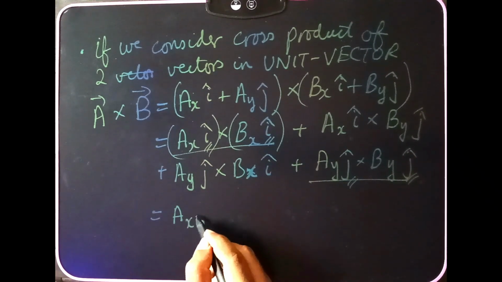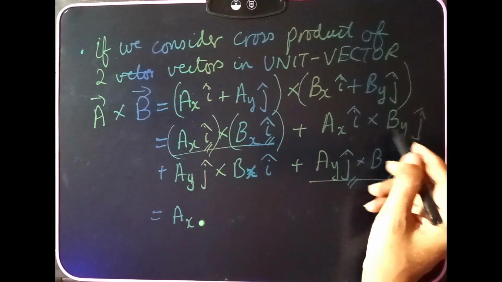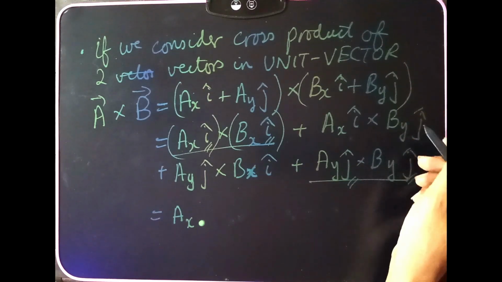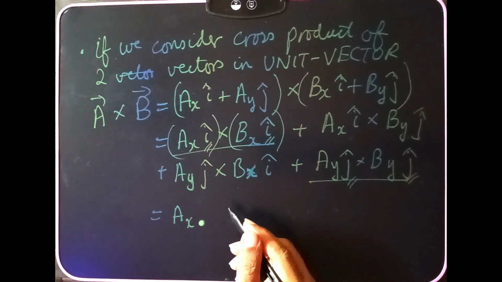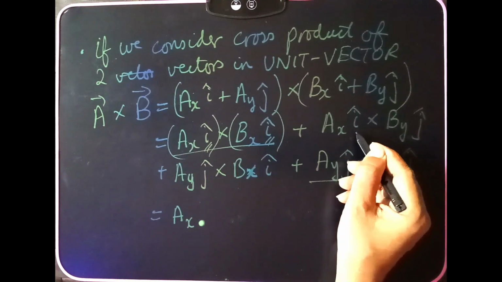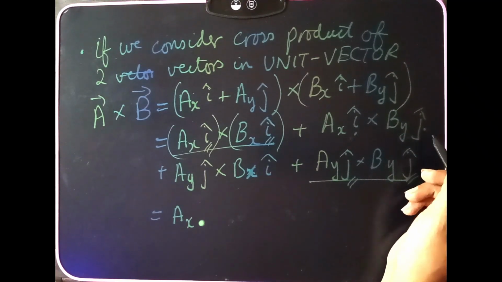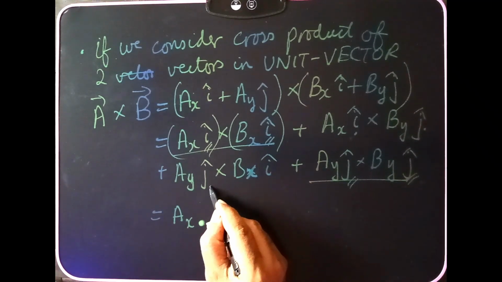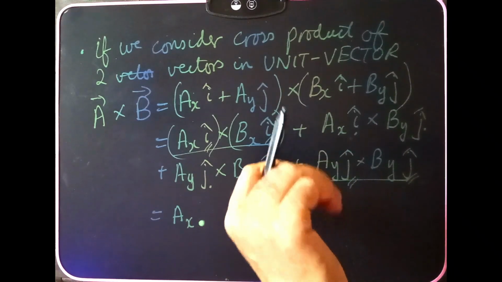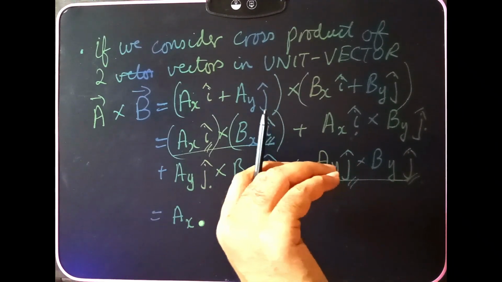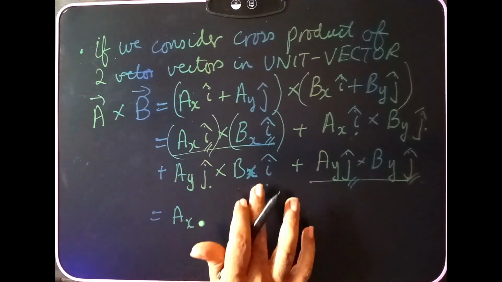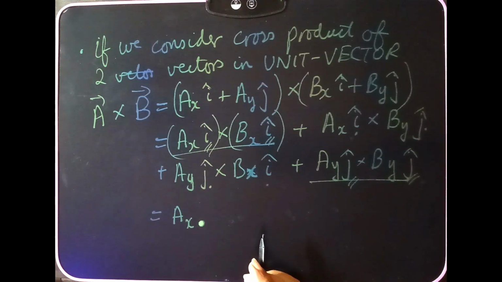So you will get Ax, what will you get here? This product will be another third vector, right? i cross j will be k cap, and j cross i is opposite, it will be downward, right? j cross i will be downwards, so it will be minus k cap.